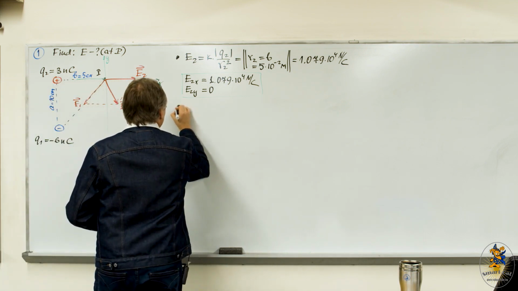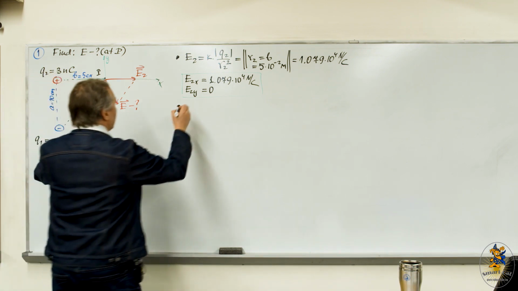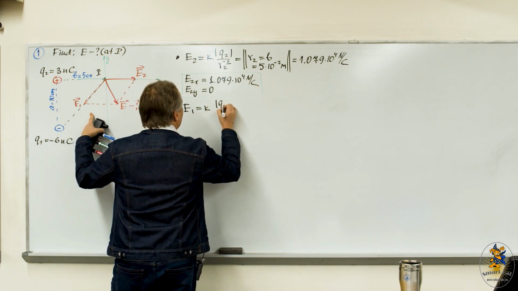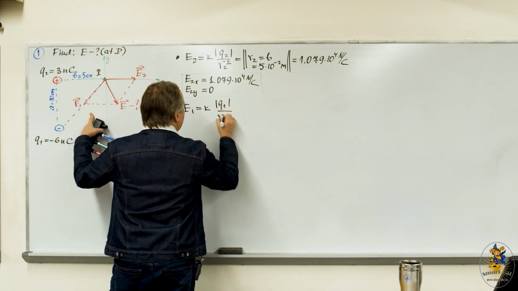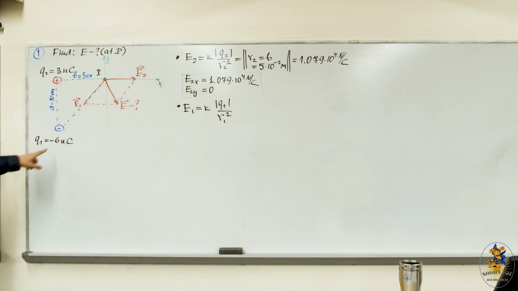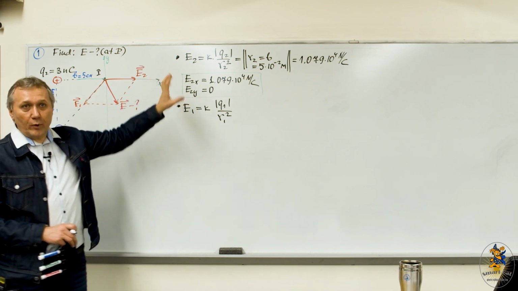Now, let's do the same with the first vector, E1. So E sub 1, okay, absolute value of charge Q1 divided by R1 squared. This charge is negative, but we're not using that minus. We're, again, trying to find the magnitude. We don't care right now about the directions. We will start taking care of the direction when we find components.